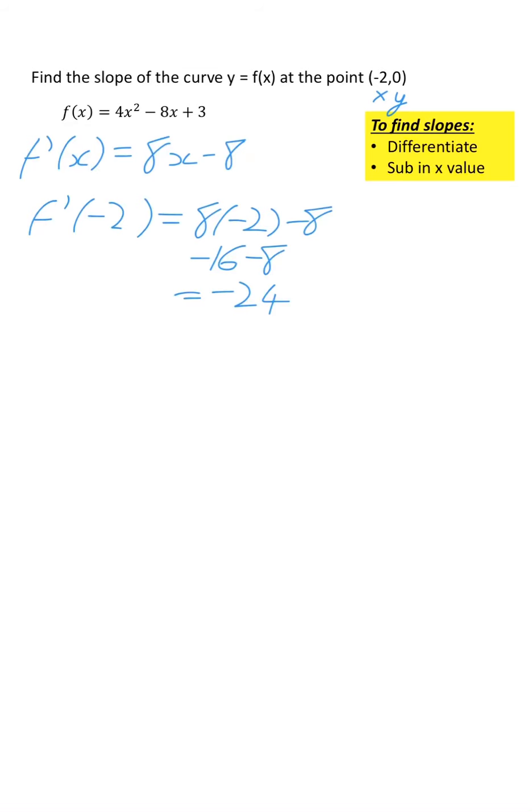Okay, I'm going to show you how this would look graphically as well. So let's say we have our curve here, and we were trying to find the slope at minus 2, 0. So minus 2, 0 would be around here. So you're finding the slope at that particular point. So you can see here the slope would be like this.